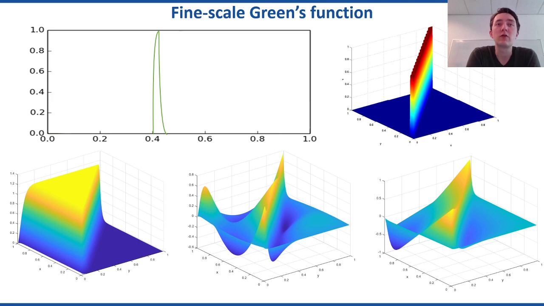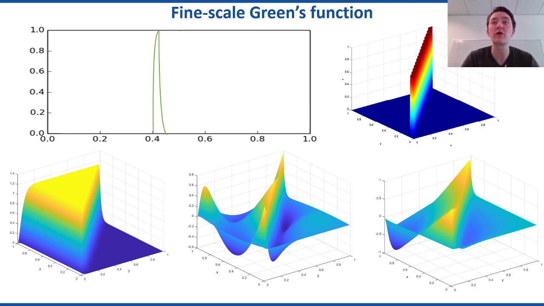We concluded it to be a very good one because it gave the exact solutions in the one-dimensional case, so it produced solutions that were nice. But now we see another very positive property of the H10 projector: the fine-scale Green's function localizes.